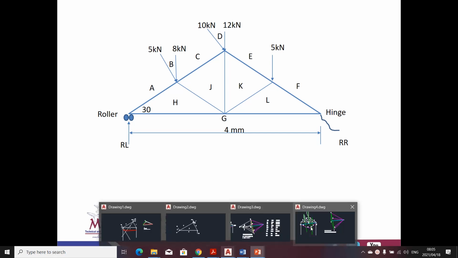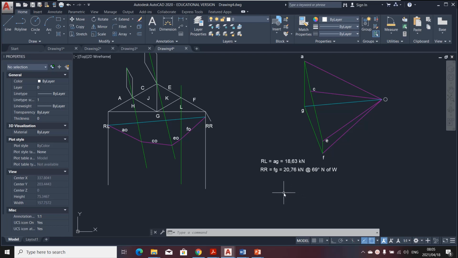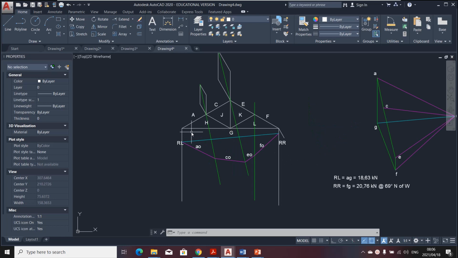Again, I'm using CAD just to demonstrate the graphical method. I'm not demonstrating how to use CAD. So here we are now. We have the reactions, and we want to determine the magnitude of the forces within the members.